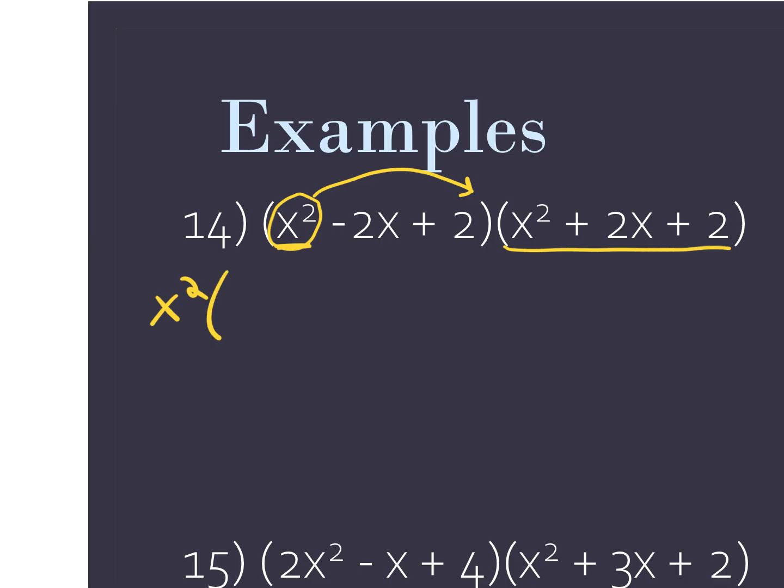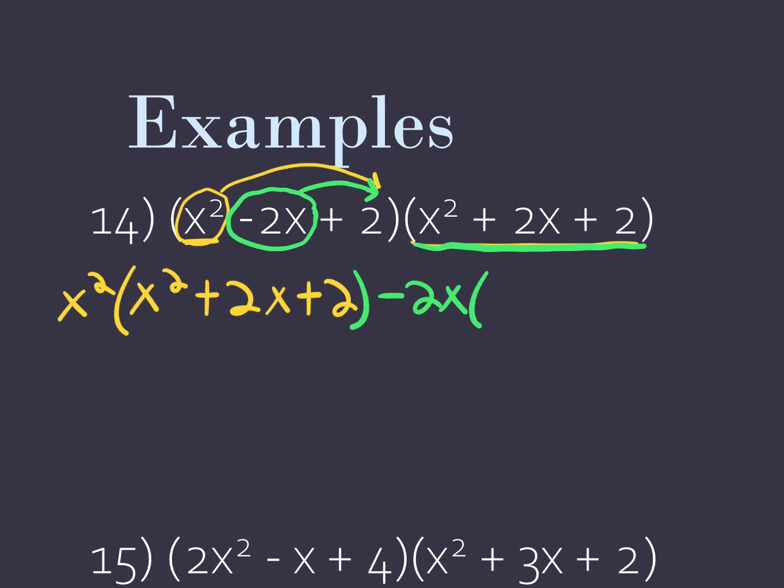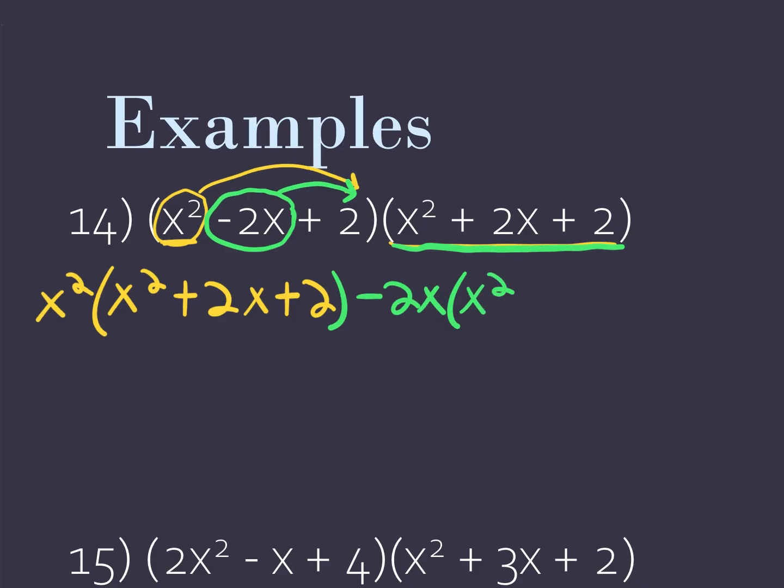This is the same as x squared times this whole thing, x squared plus 2x plus 2. And then I do the same thing with the second term, right? Negative 2x is also going to go to this whole thing right here. So it's going to be minus 2x times the whole thing again, x squared plus 2x plus 2.